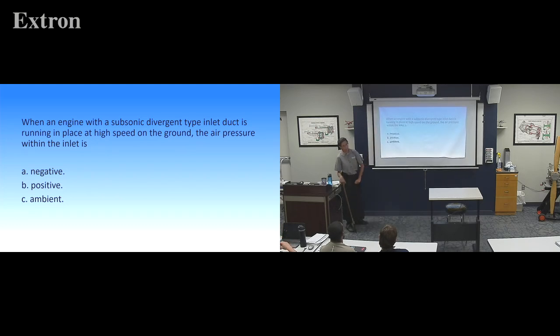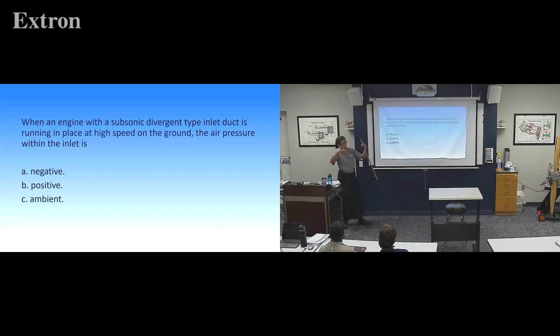And those of you that said positive, why? Because it's greater. Pressure increases, velocity decreases. Because of that diverging shape, it does make the pressure more. It can be confusing because often people think with the engine spinning at higher RPM it's sucking that air in.